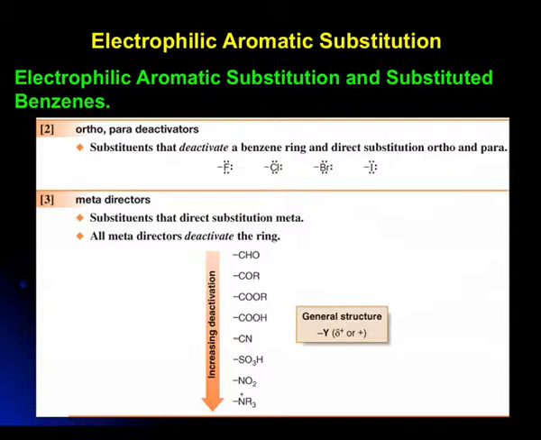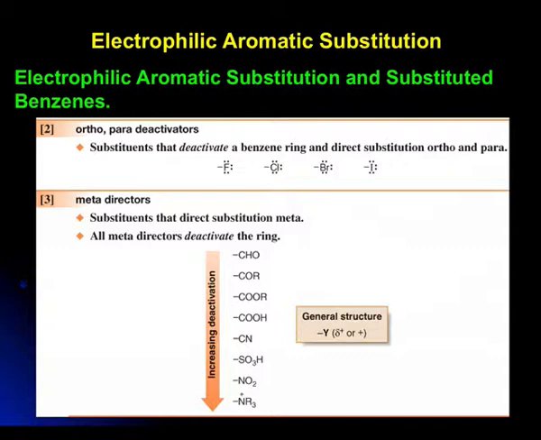The reason is because fluorine's extremely electronegative. Okay, and so what it can donate back through resonance is actually fairly minimal compared to what it's withdrawing. So it deactivates, okay? But it is an ortho-para director because of the resonance structures that we can draw.